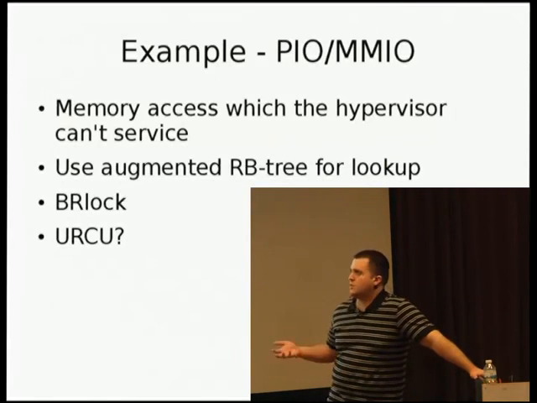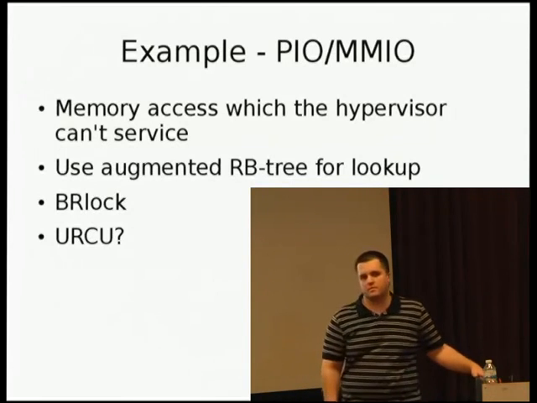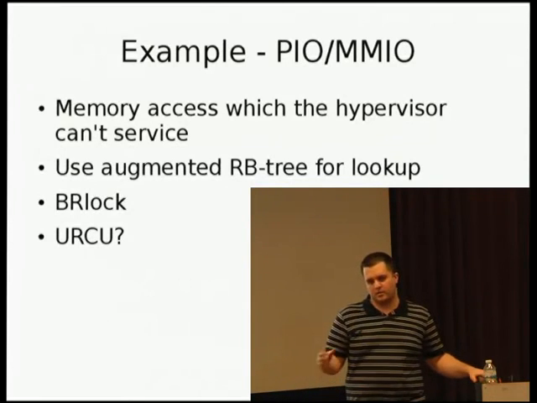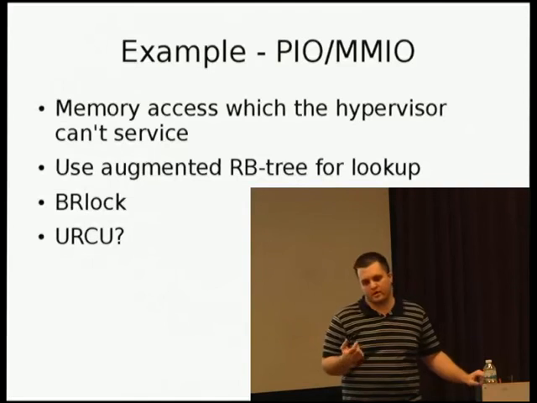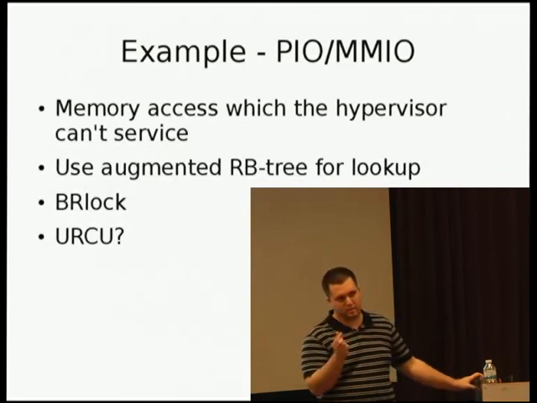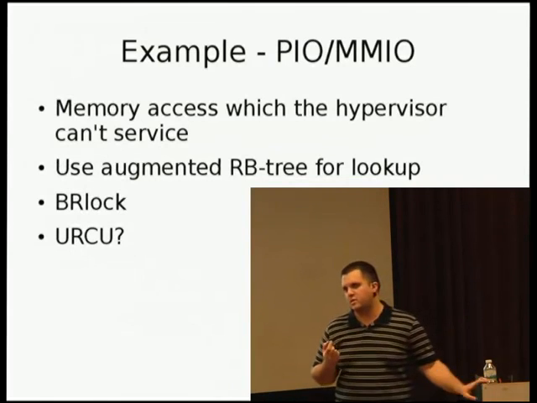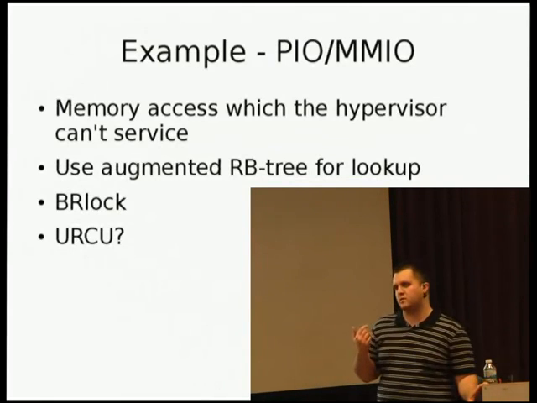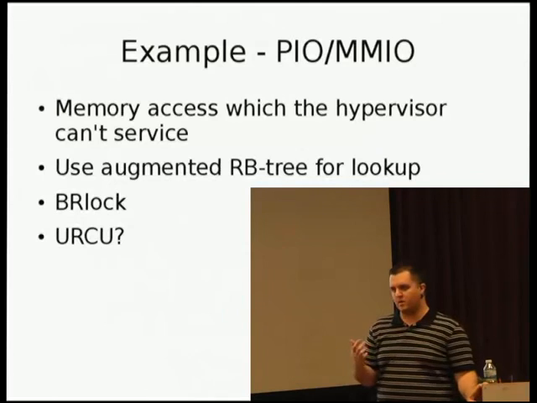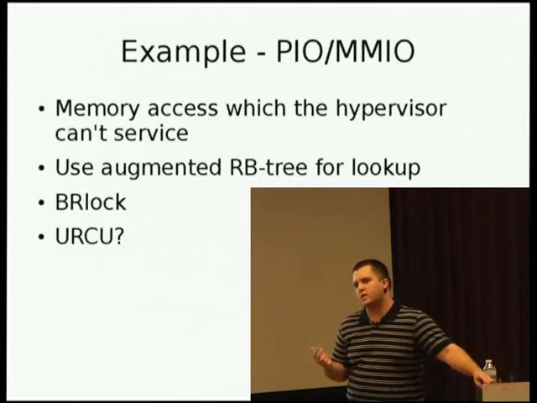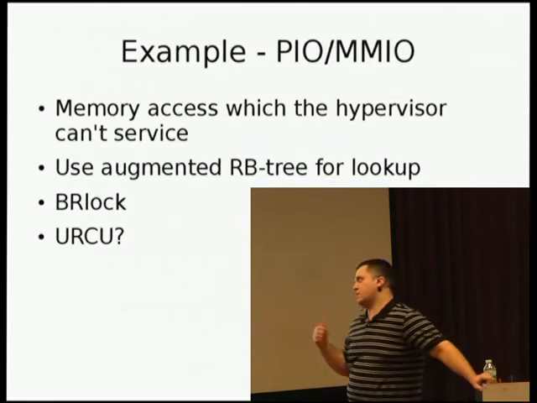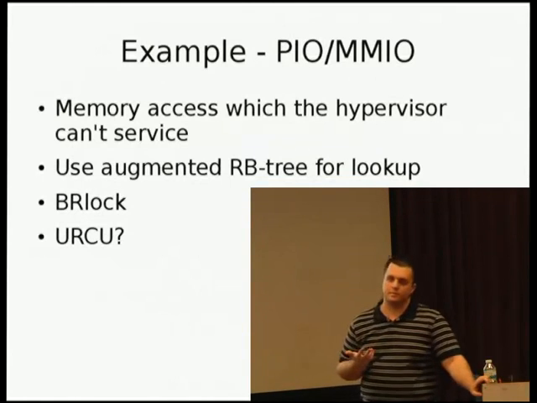And there are chunks which represent devices. And devices, as we know, are mapped into the memory. So whenever a guest wants to talk to a device, it will access a little bit of memory which is assigned to the device. What will happen at that point is that the kernel, the hypervisor, will understand that it can't help with that read or write request, and it will go back to user space to the KVM tool to serve that request.